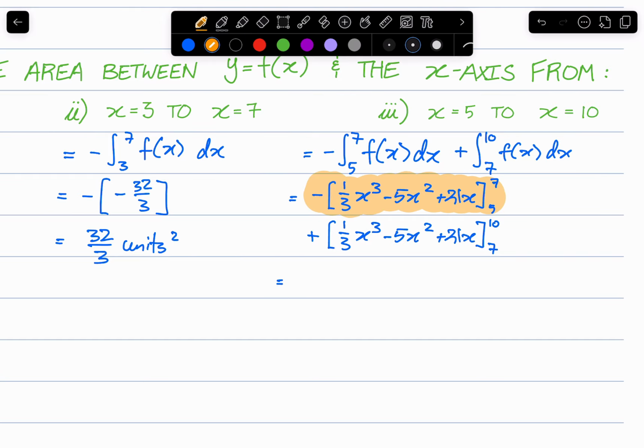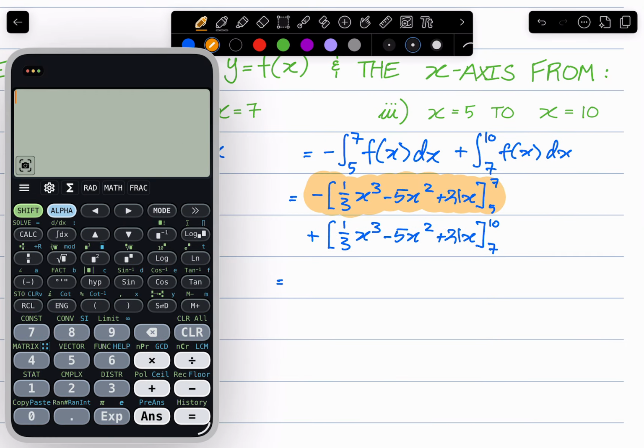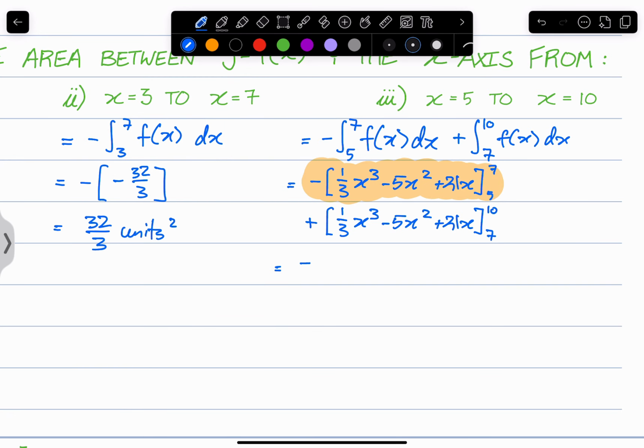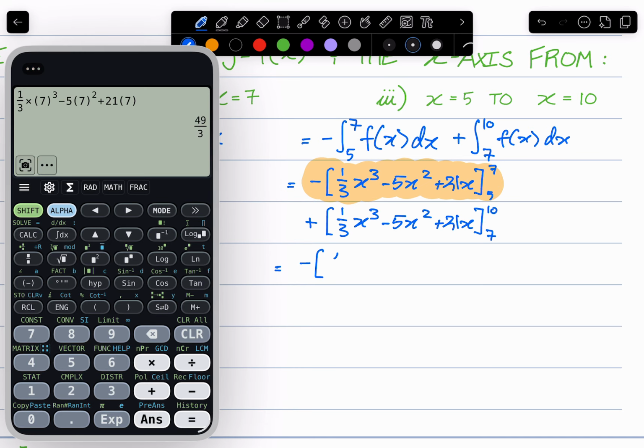Doing this first part into our calculator, substituting 7. Let's go back here. Well, I think we already have that substitution. There it is, 7. So this comes out to become negative 49 on 3 minus substituting 5, which we have here.